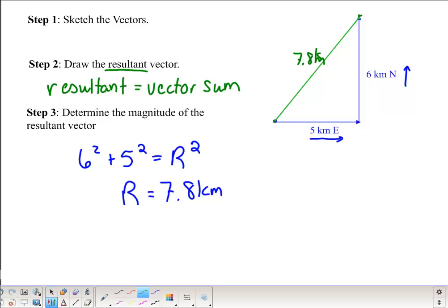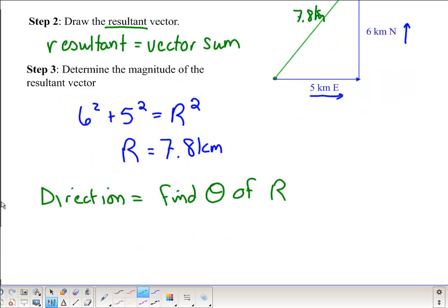To find the direction, essentially what I'm doing is I'm finding the angle. So the angle I want to find is this angle right here. So trigonometry comes to my aid. To find that angle, I want to find a tangent of it, because the tangent of it is the opposite side, which is 6 kilometers, over the adjacent, which is 5 kilometers.